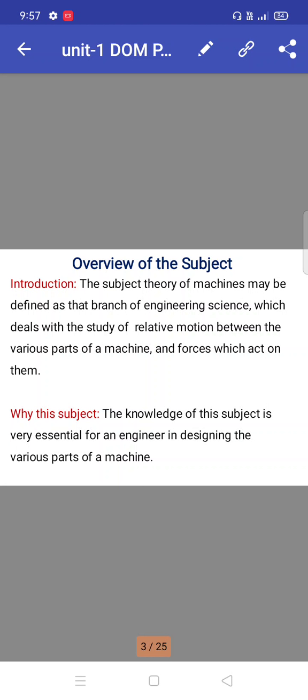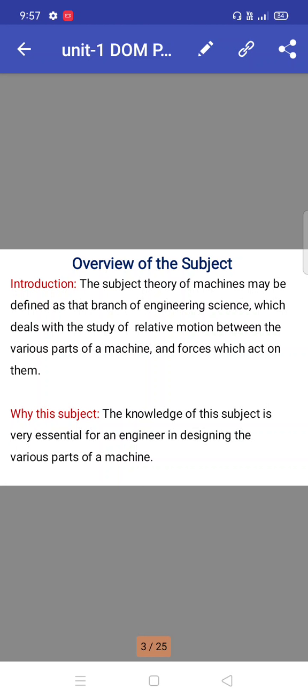Then the overview of the subject: the theory of machines may be defined as the branch of engineering science which deals with the study of relative motions. Relative motions, so the motion of one depends upon another. So there is relative motion between the various parts of the machine.